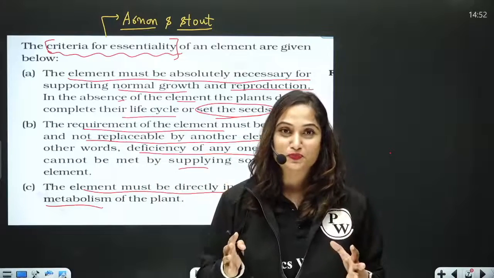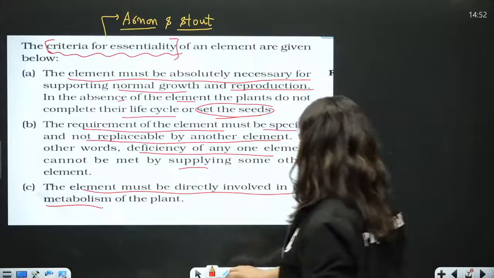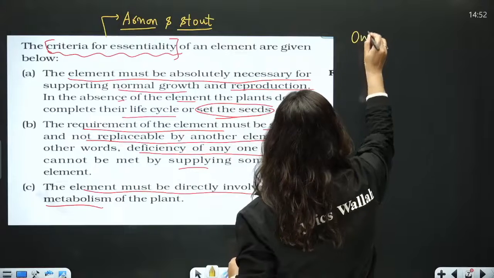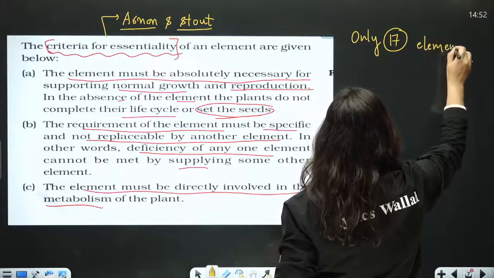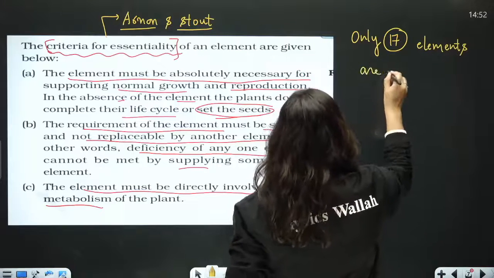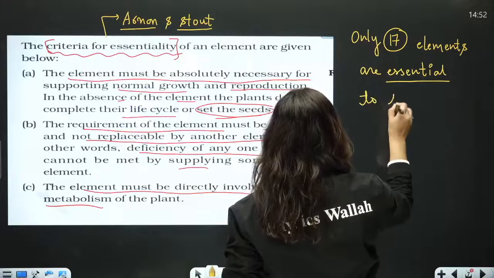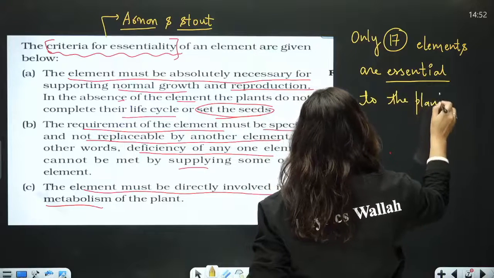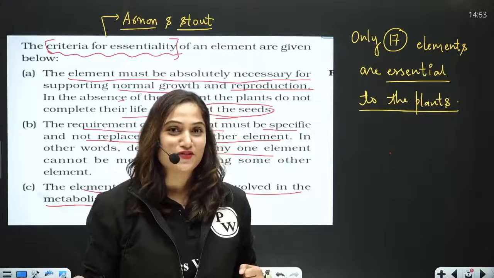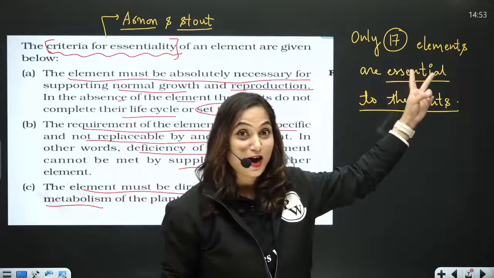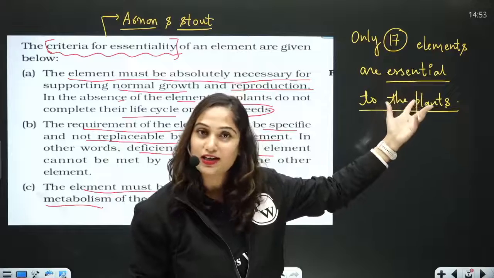Now I know that out of more than 60 elements reported in the plant, only 17 elements are essential to the plant. Now we will get to know about these 17 elements. We will classify these 17 elements according to the quantity needed by the plant.